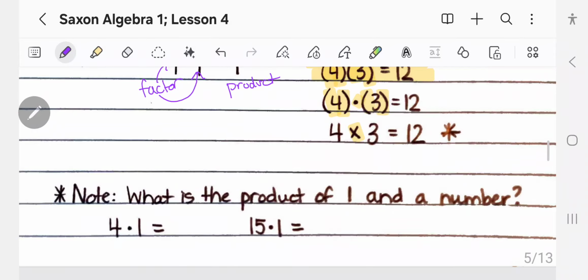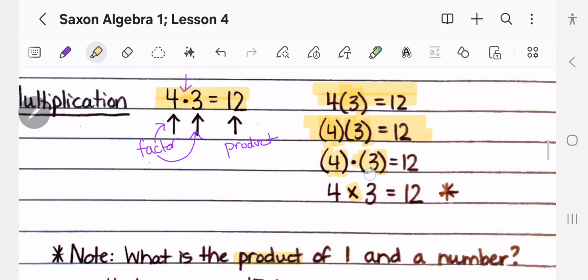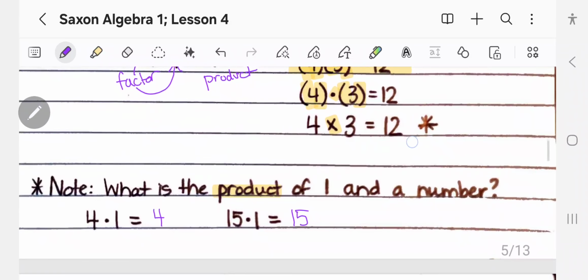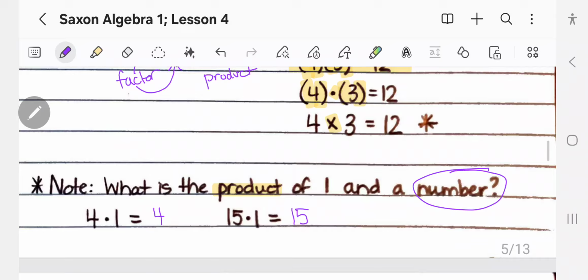Another question here, what is the product of 1 and a number? Well, we just said that the product is the answer to a multiplication problem. So when you multiply 1 and a number, 4 times 1 is 4, and 15 times 1 is 15. So if you multiply 1 and a number, you're going to get that number.